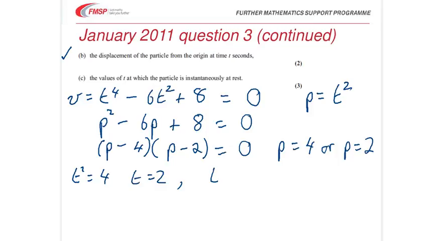Or t squared is 2, which means t is square root of 2, 1.414, 1.41 say. That's that part done, that's all of it. So let's put the marks in.